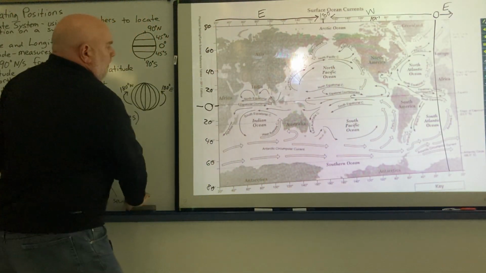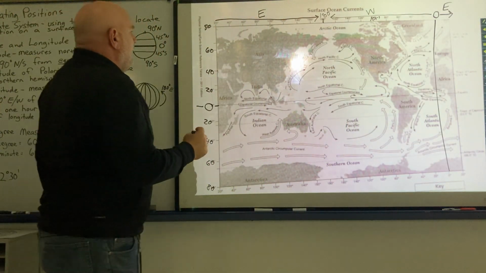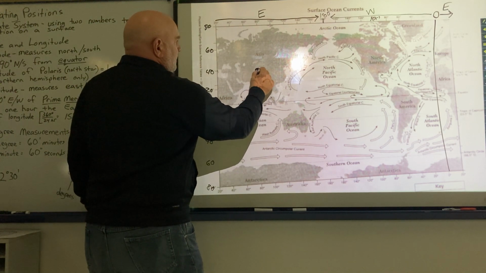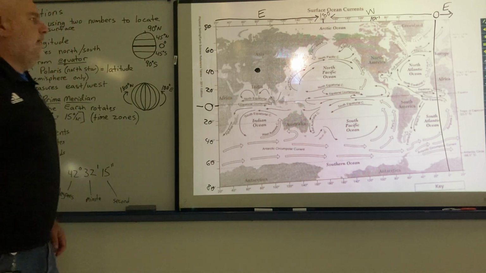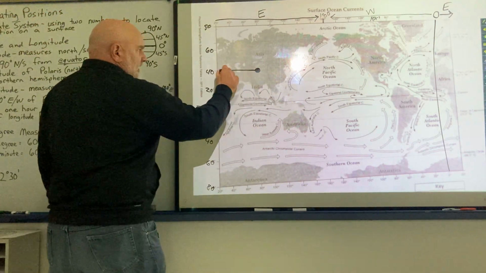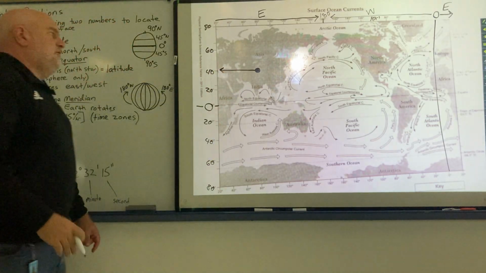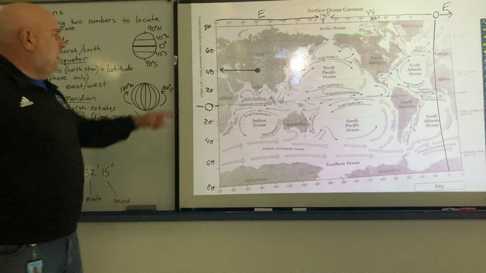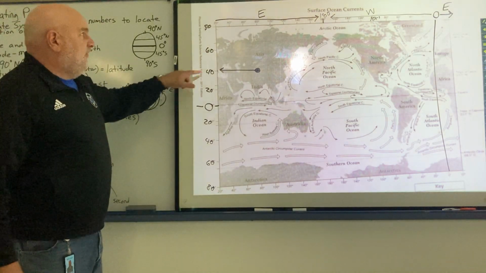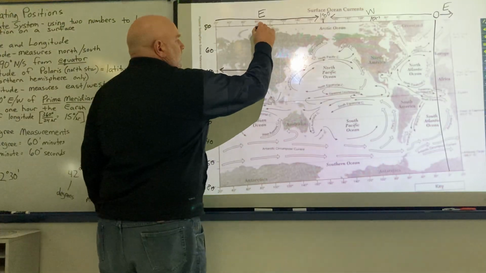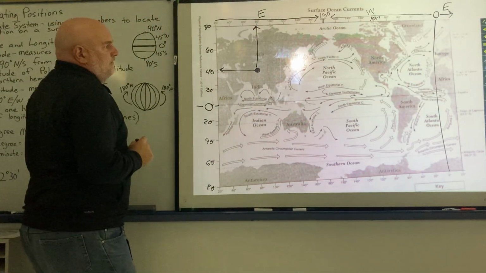Let's say I had a point right there on the map, all right? For that one, I come over here for the latitude, that's 40, and I come over here for the longitude, all right?